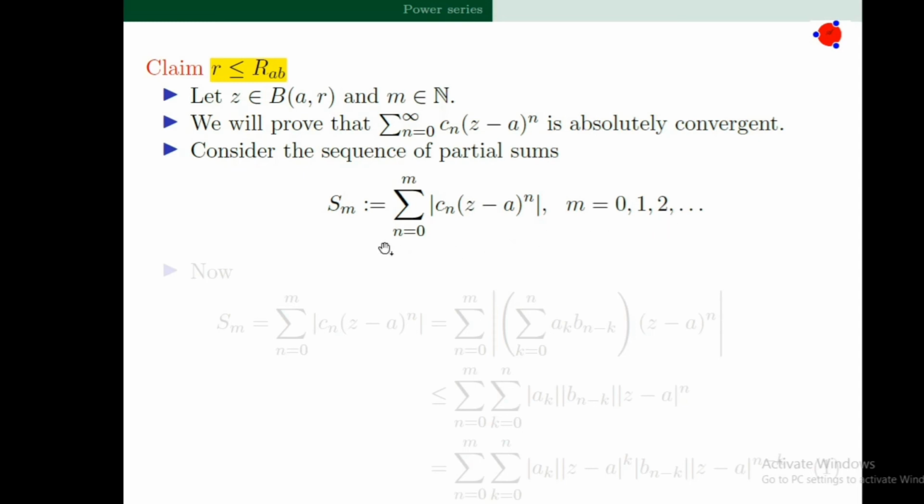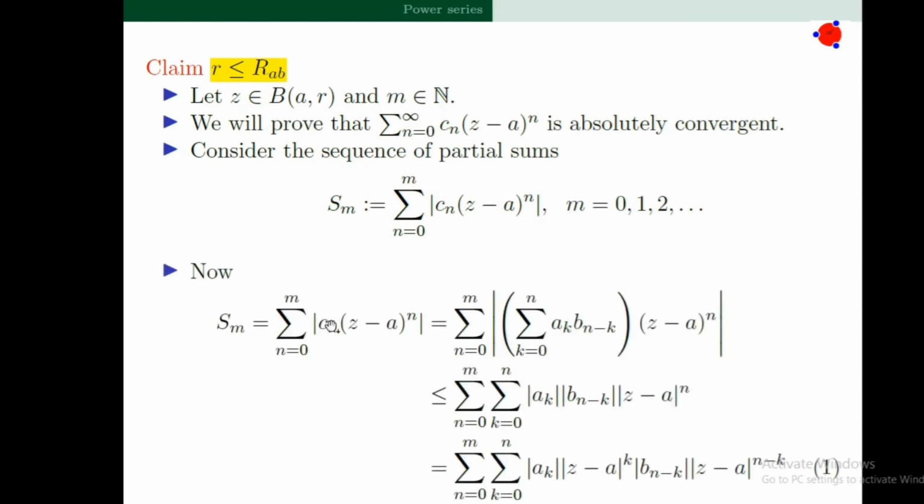And we will show that this sequence is a convergent sequence. Now Sm can be written as summation n equal to 0 to m mod Cn into (z minus a) the whole raised to n. By definition, Cn is the Cauchy product of the sequences an and bn. So Cn is defined by summation k equal to 0 to n ak into b(n minus k) into (z minus a) the whole raised to n.